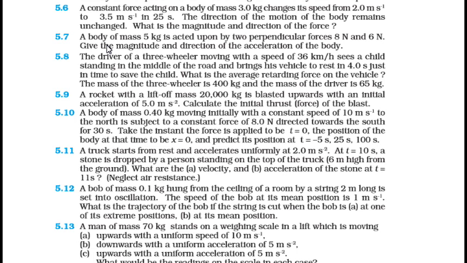So now we'll carry on with 5.7. A body of mass 5 kg is acted upon by two perpendicular forces, 8 Newton and 6 Newton. Give the magnitude and direction of the acceleration of the body.